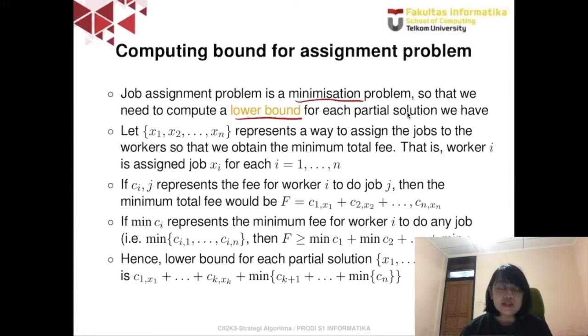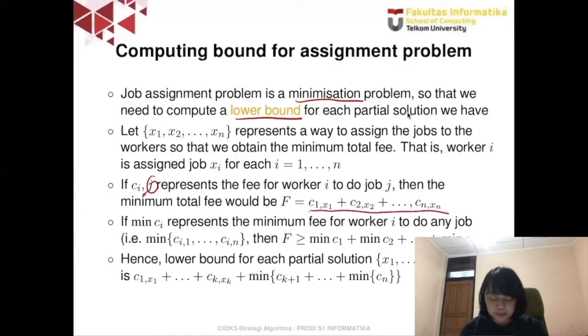So let x1 to xn represent a way to assign the jobs, as we discussed before on the last slide. If Cij represents the fee for worker i to do job j, then the minimum total fee F will be like this.